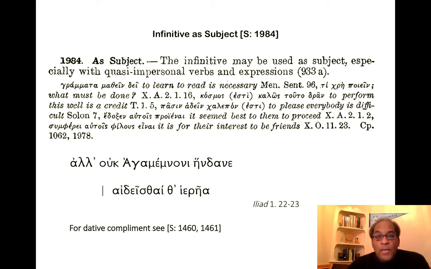So "all' ouk Agamemnoni handane." But it was not pleasing to Agamemnon. What was not pleasing to him? Aidesthai hierea. So here we have an example where the infinitive expression is serving as subject. And if you're interested in the dative complement here, Agamemnoni, consult Smyth 1460, 1461.